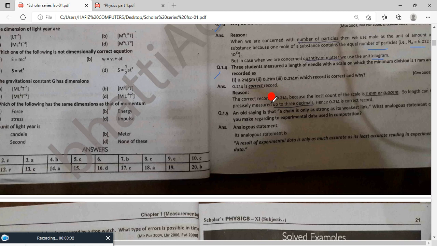So length can be precisely measured up to 3 decimals. 1 millimeter or 0.001 meter is the least count of the scale, so the quantity should be recorded with 3 decimal places.